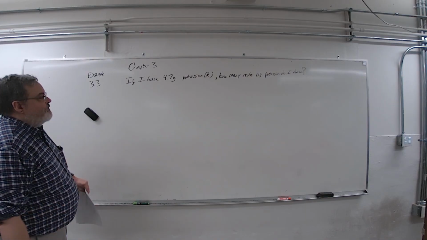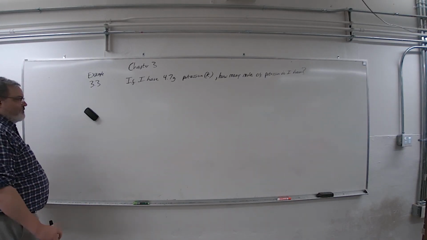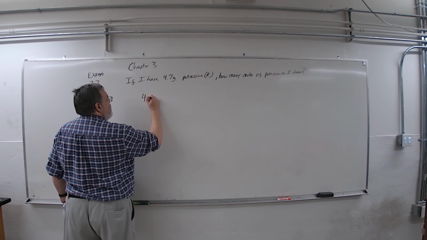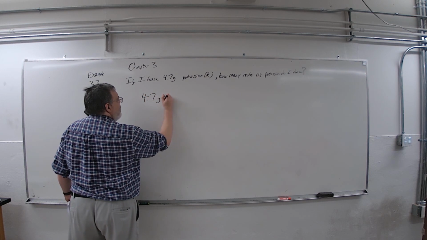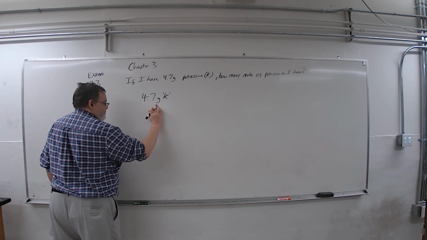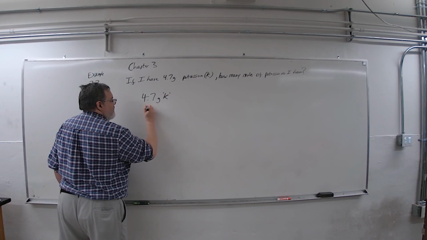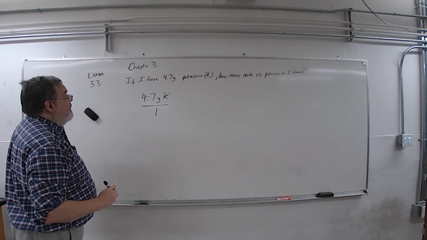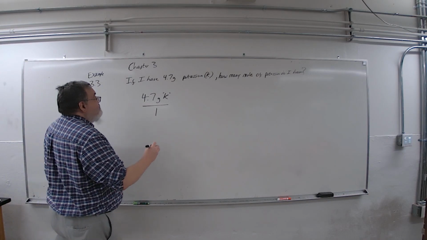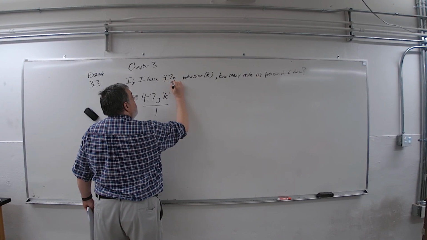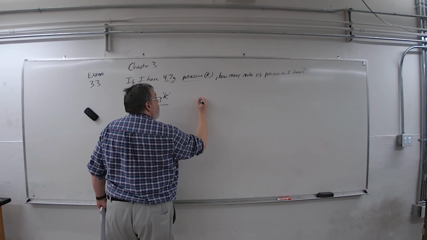All right. You start a question like this. Numerical value, unit, label. And I'm just going to put that over 1. And let me point out, numerical value, unit, label. How many?